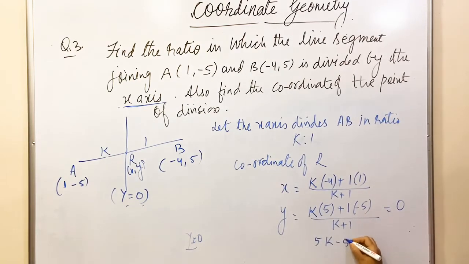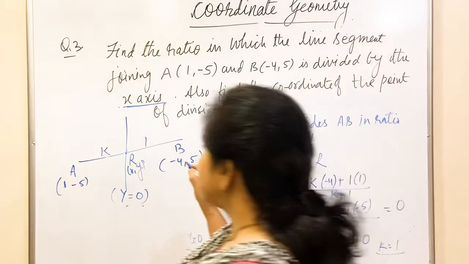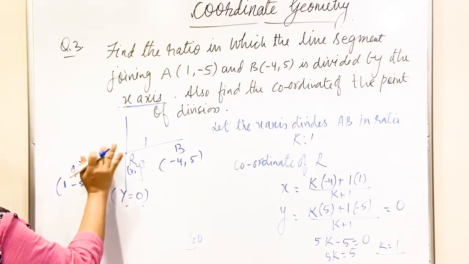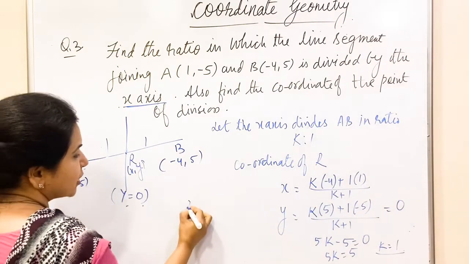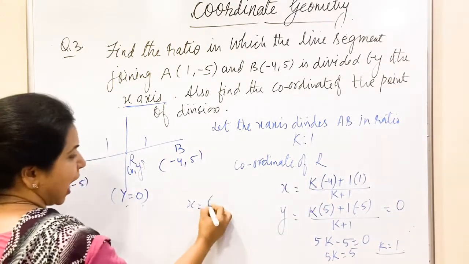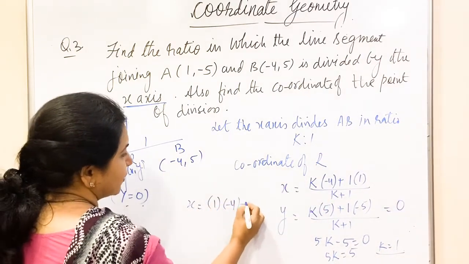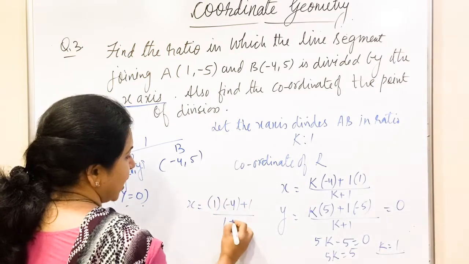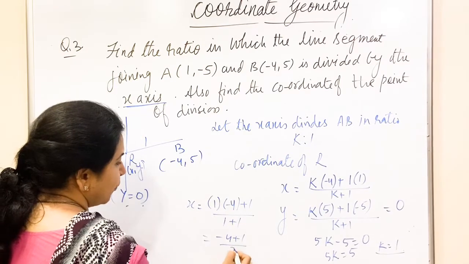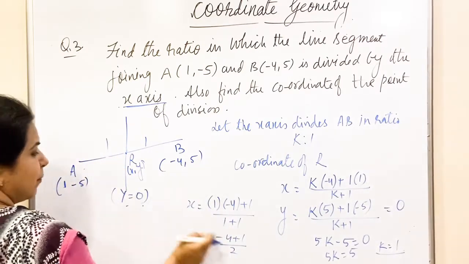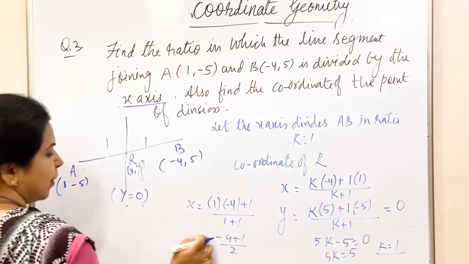So 5k minus 5 equal to 0, so 5k equals 5, so k is equal to 1. So k equal to 1 means R is the midpoint of AB. And so, putting the value of k as 1, we can find x also, using the midpoint formula: (1 plus (minus 4)) by 2.